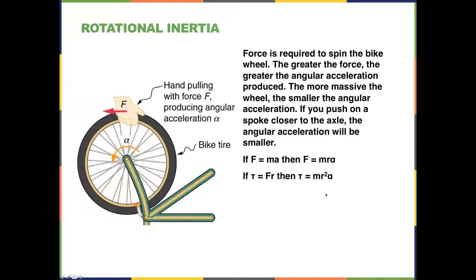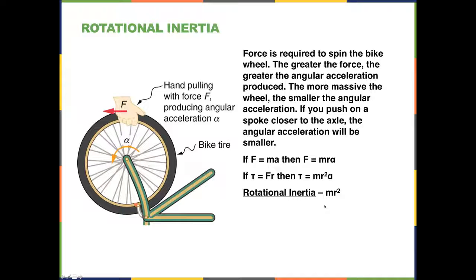Rotational inertia is this part of this formula. And in a situation where you have a single point or a single mass, the rotational inertia is equal to the mass times the radius squared. And it's important to remember that this formula applies only to a single point mass.